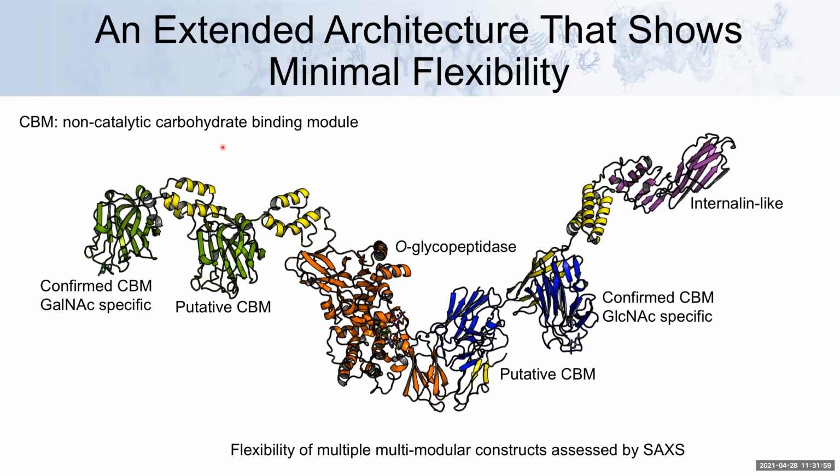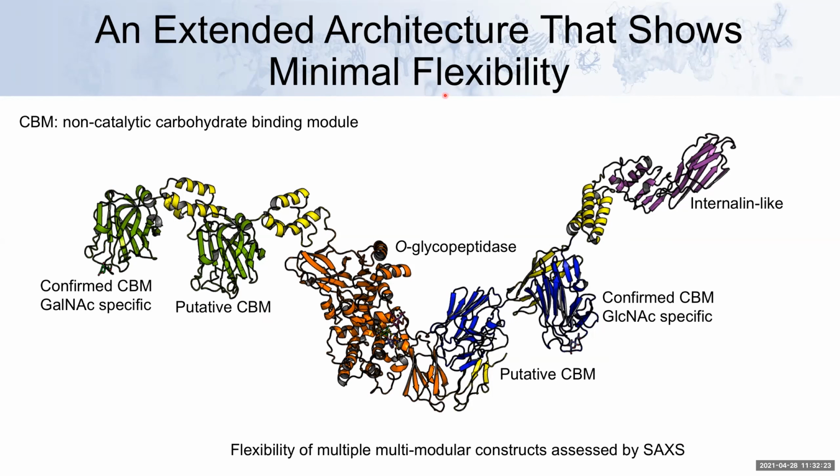In other words, this model is actually a fairly reliable model of what this protein would look like in solution. And then this was supported by additional functional analyses of the carbohydrate binding modules, where 2 of the domains or modules were confirmed to have specific carbohydrate binding activity, with 2 more postulated to have carbohydrate binding activity.